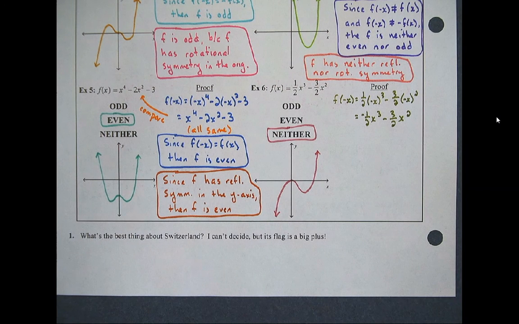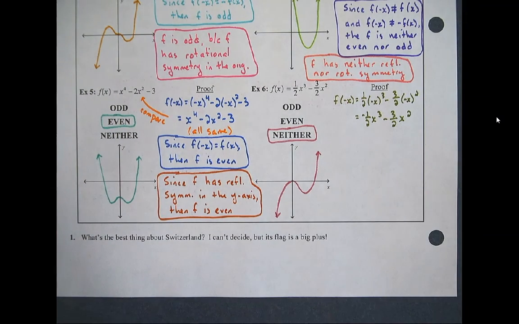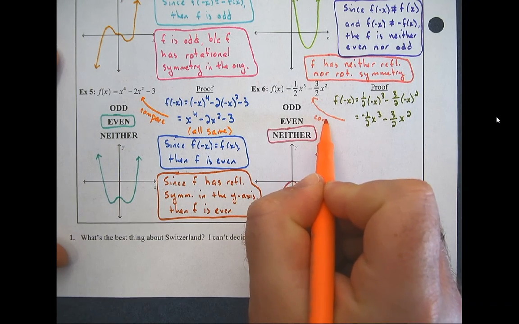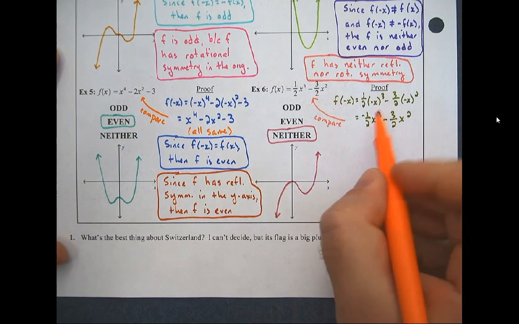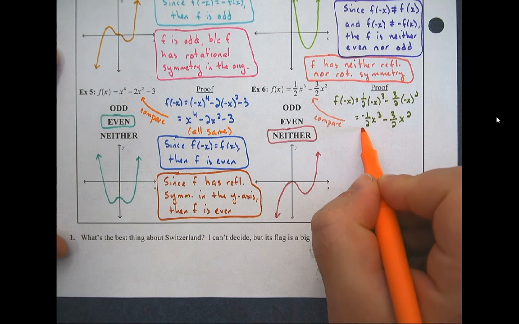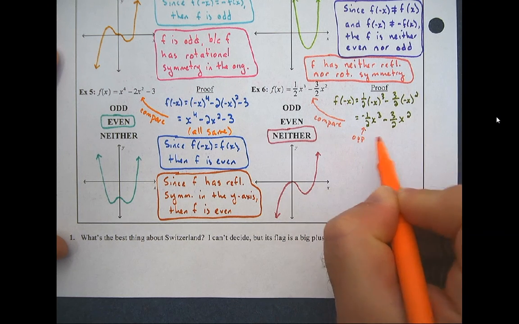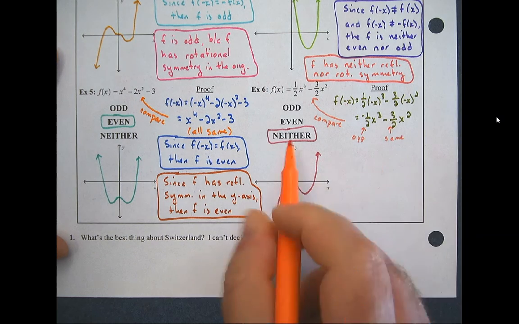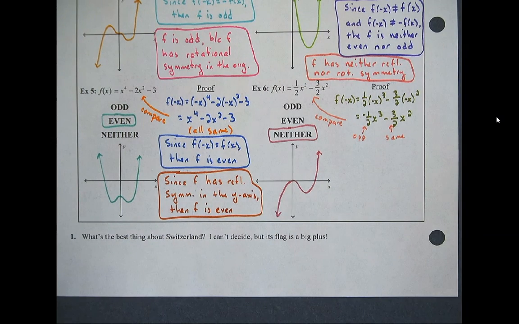Then we want to compare back to the original. So this was opposite. This was same, which means it's neither.